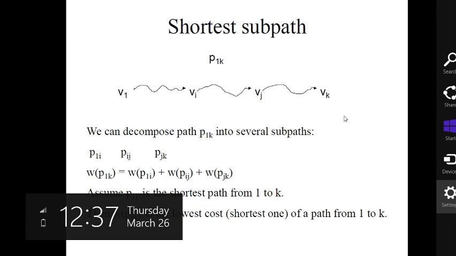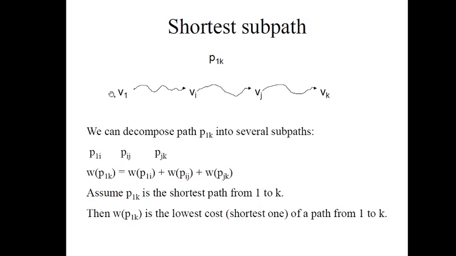Then weight of P1k will be weight of P1i plus weight of Pij plus weight of Pjk. Assume that P1k is the shortest path from 1 to k. Then weight of P1k is the lowest cost, and each subpath should also be a shortest path.